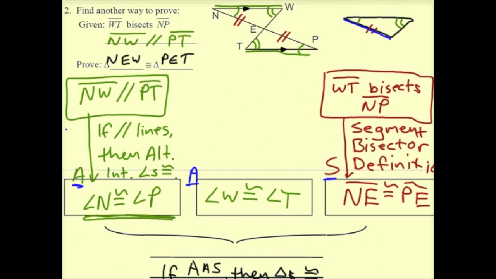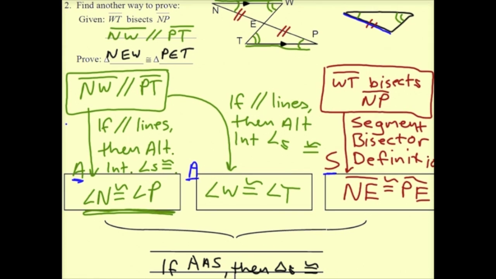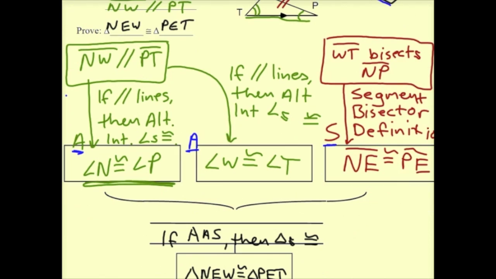It's the same pair of parallel lines, but different transversal. And so the fact that NW is parallel to PT also gives us angle W and angle T congruent. And so that gives us our proof, which is similar to the previous proof, slightly different. It's using the AAS instead of the ASA. So I guess we've just established there's more than one way to prove this particular statement.